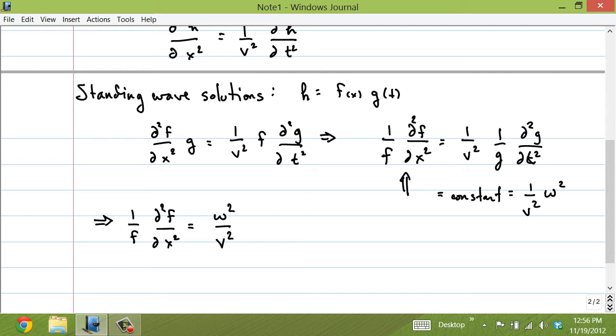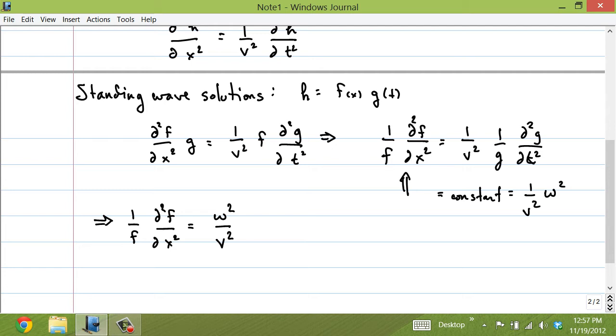I should make one comment here, which is that I've called the constant that appears in this equation of motion omega squared because I'm going to take this constant to be positive. One could also try and think about cases where this is negative, but for the case of a wave on a string, those solutions are not relevant. They would correspond, well, we'll see in a second what they would correspond to.